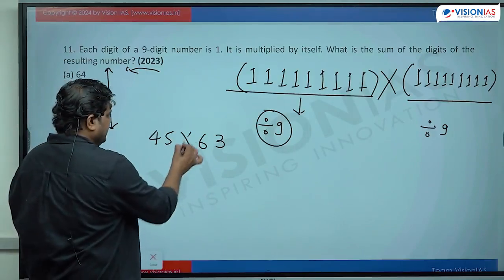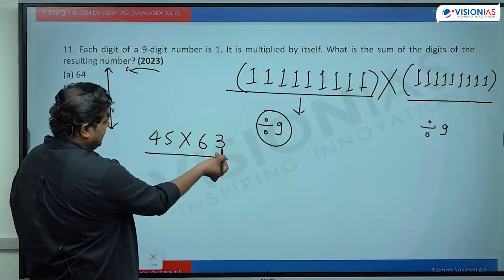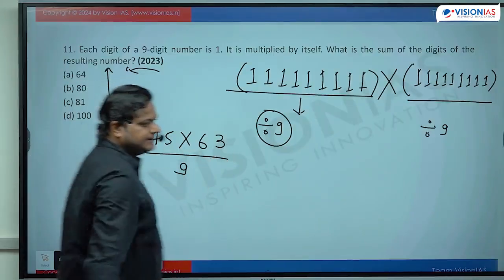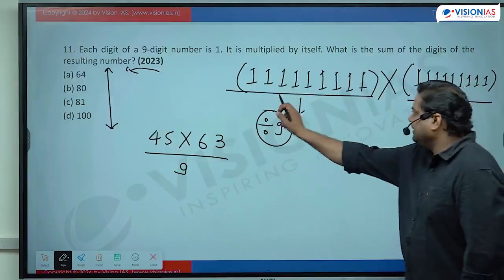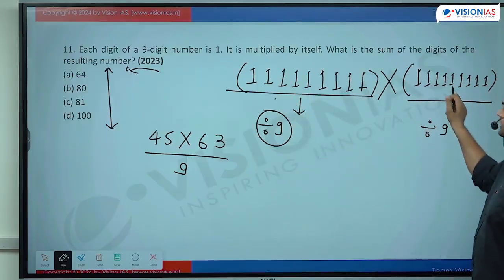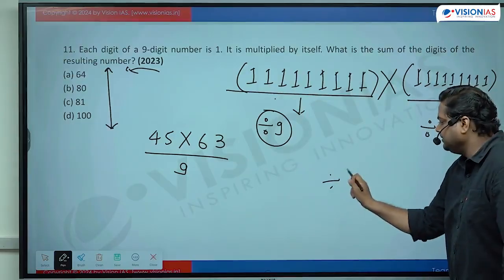If I multiply these two numbers, can I say that the resulting product will be divisible by 9? That means if we multiply this number by this number, the resulting number will also be divisible by 9.